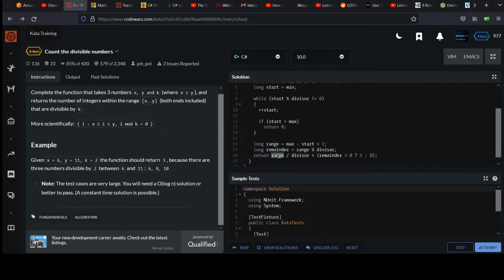So again, range divided by divisor, instead of the remainder, it gives you the actual quotient, which we said was 1. 5 over 5 is 1. And because remainder is 0, it's not greater than 0, so we're adding 0. You're effectively not adding anything at all. And you're left with 1.